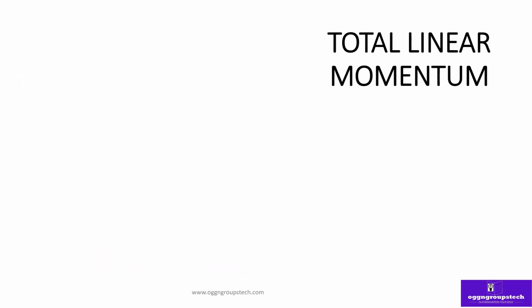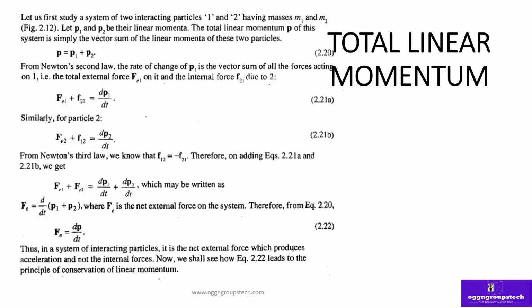As in the previous topics, in Newton's second law we have learned momentum is the product of mass into velocity. Now if we have two particles, this is 1, this is 2, with masses m1 and m2. The momentum for this particle I will denote as p1, and for this particle as p2.